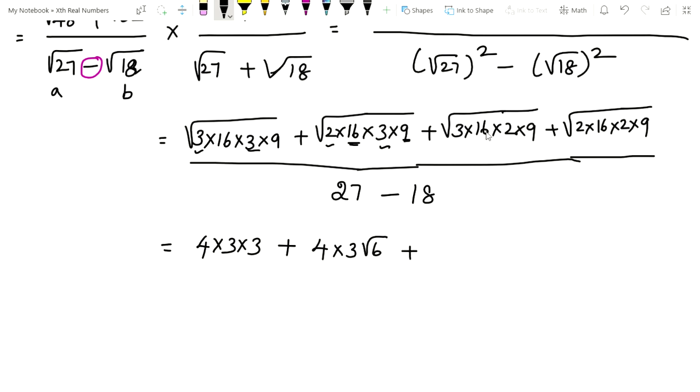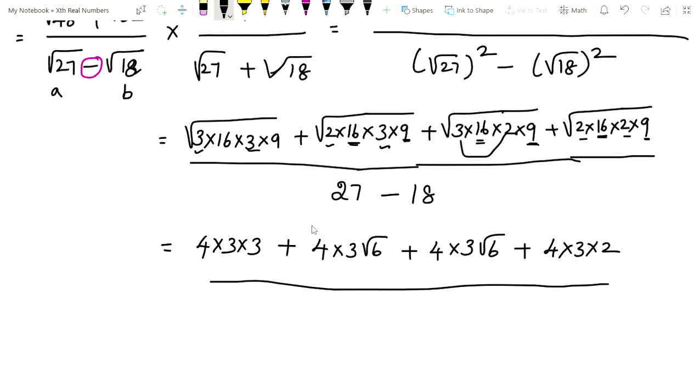Plus square root of 16, 4, square root of 9, 3, remaining 3 2s are 6. Plus 16: square root of 16, 4, square root of 9, 3, and 2 2s are there. So out of 2, 2, you take one out. So divided by 27 minus 18.